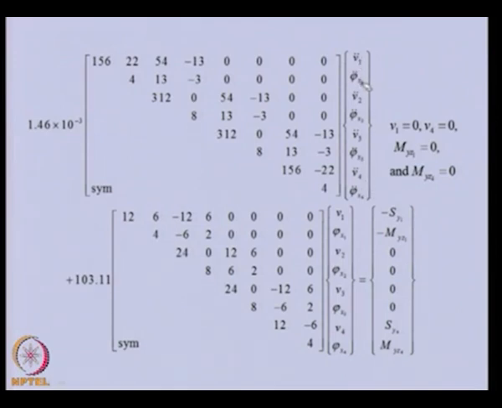We have 4 nodes, and each node has 2 degrees of freedom, so this vector has size 8 by 1. The mass matrix has size 8 by 8. It is symmetric, so only one portion of the off-diagonal terms has been shown.